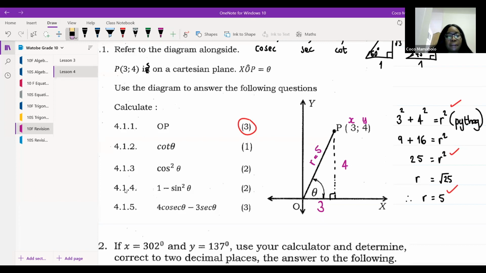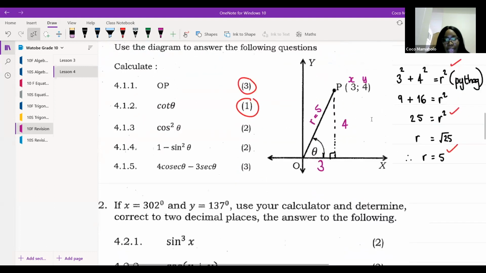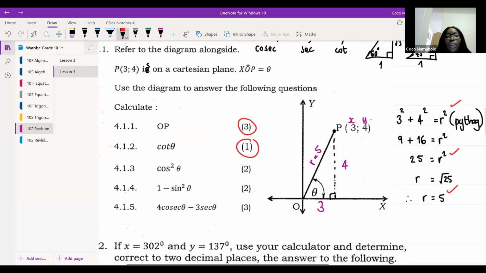Let's answer question 2. Question 2 says the cot of theta, and it's only worth 1 mark. So we need to go back and look at our cousins. Okay, cot is the opposite of tan. So if tan of theta is going to be opposite or y over x, cot of theta is going to be x over y.